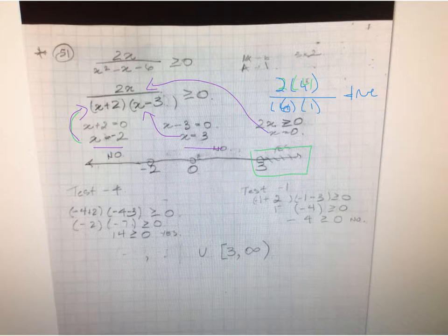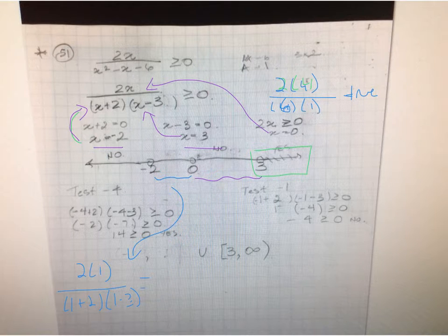Now, in your interval that occurs between 0 and 3, you've tested there and you've realized that you're going to get a negative value for the left-hand side. So that's a no. In this interval, though, between -2 and 0, let's test a value like 1. So if I take 1 and put it into the equation, I'm going to get 2 times positive 1 over 1 plus 2 times 1 minus 3.